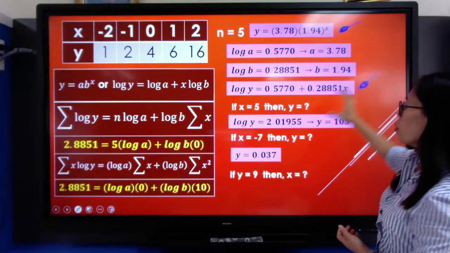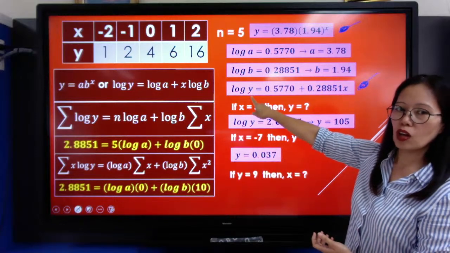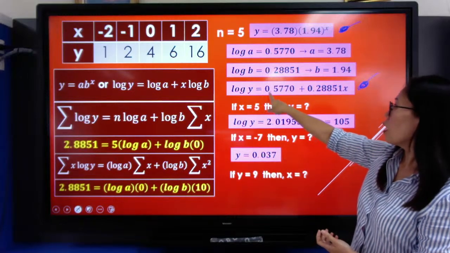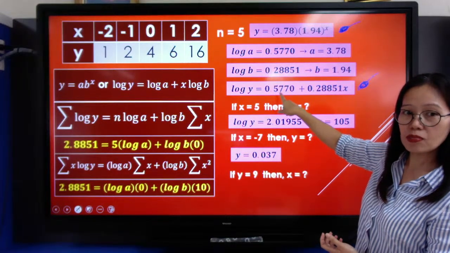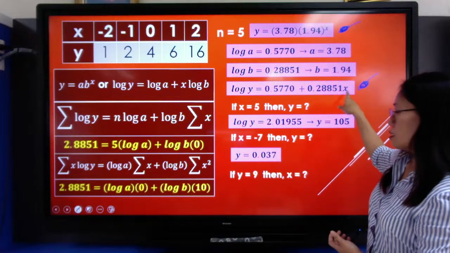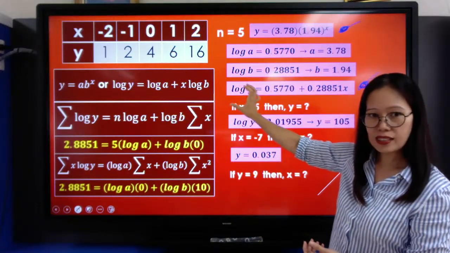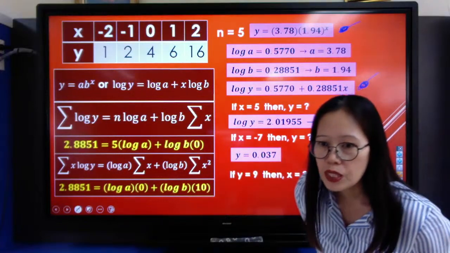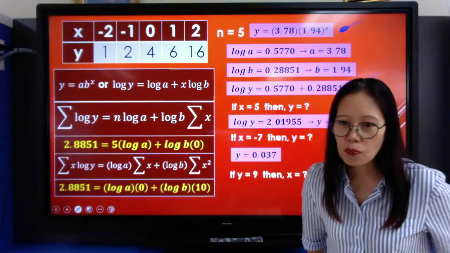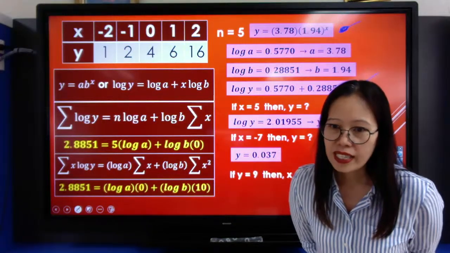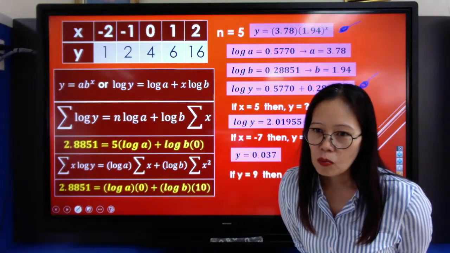So logarithm of 9 equals 0.5770 plus, and then all you need to do is transpose this to the other side, yes, and then divide. So what would it be? If y equals 9, okay, I appreciate your participation. Yes, all right, thank you for participating.